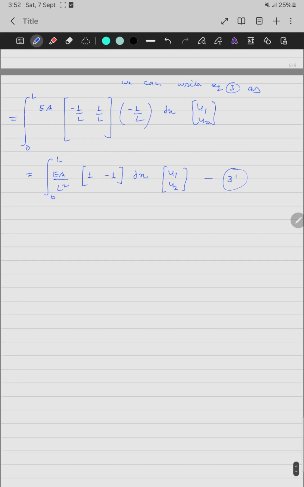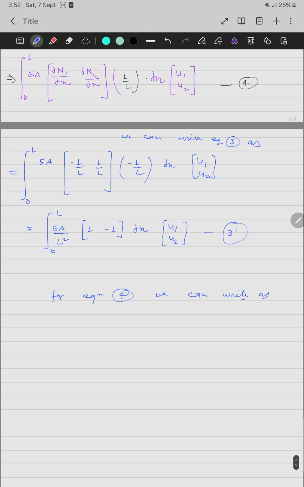Okay, now for equation 4, we can write it as, now equation 4, this is our equation 4. So we'll write it the same way only.